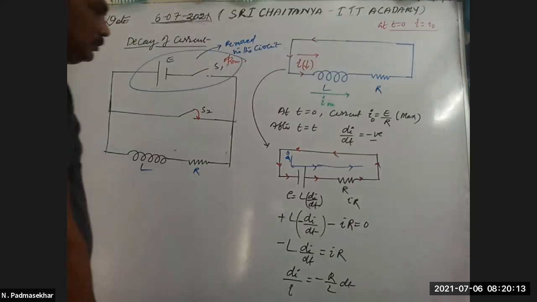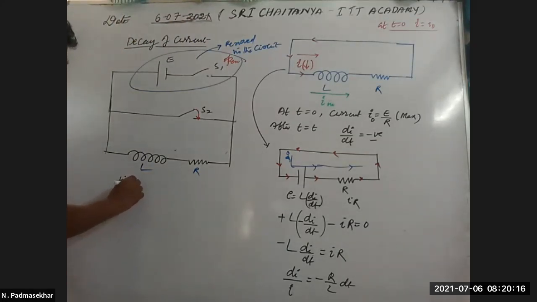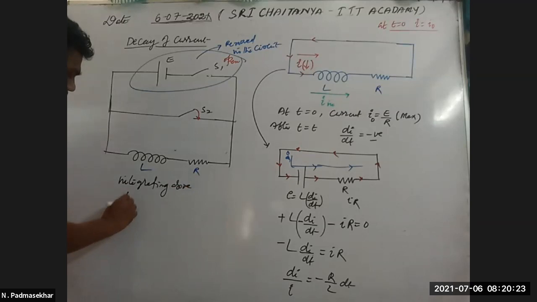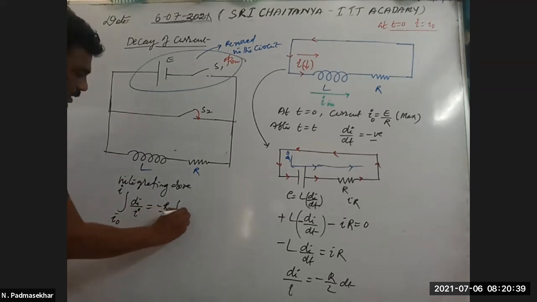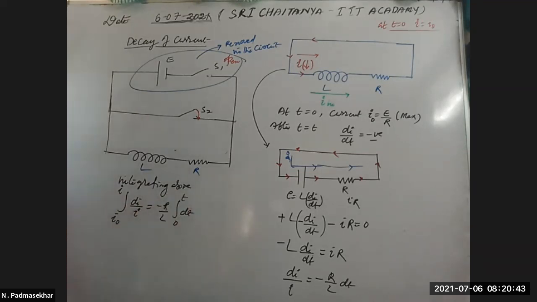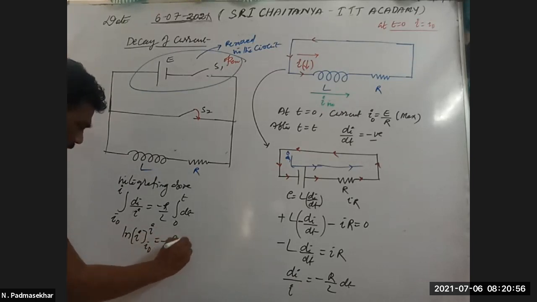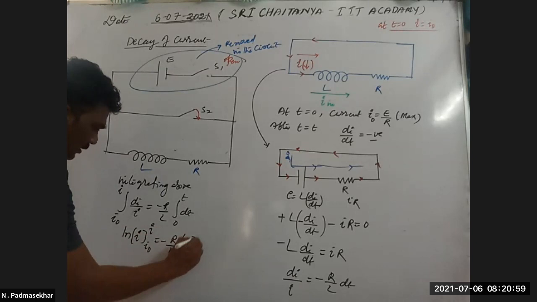So integrating, the integral of di by I from I naught to I is equal to minus R by L times the integral of dt from 0 to t.